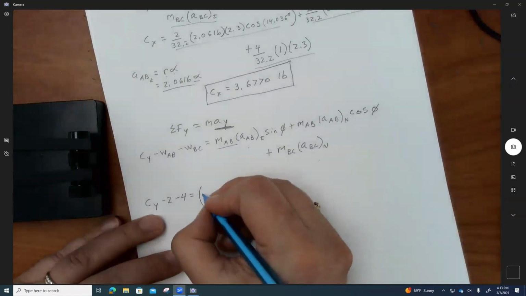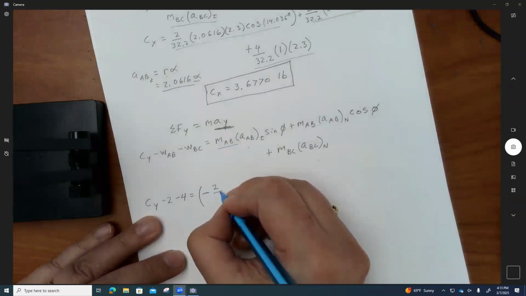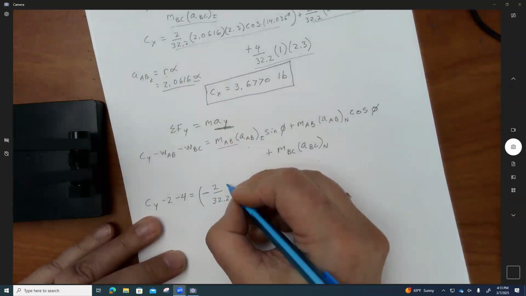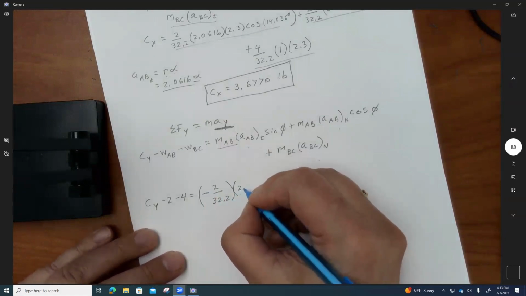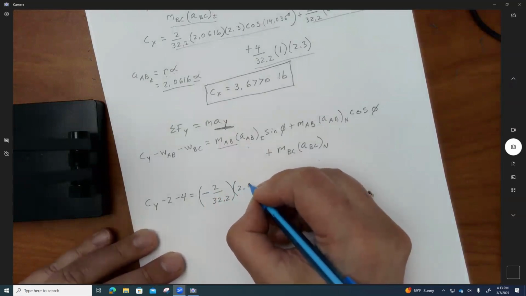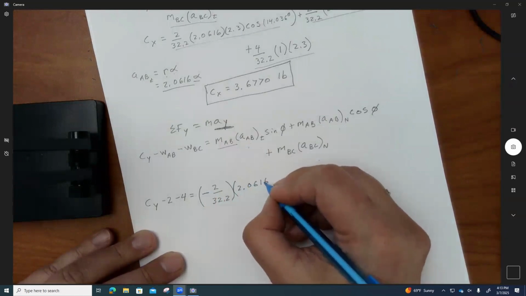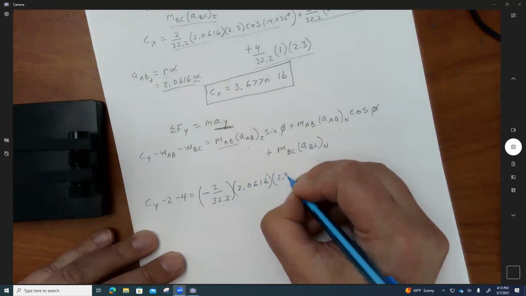So we're going to have a minus mass over 32.2 times our distance to get our value for our tangential acceleration times our alpha, 2.3.